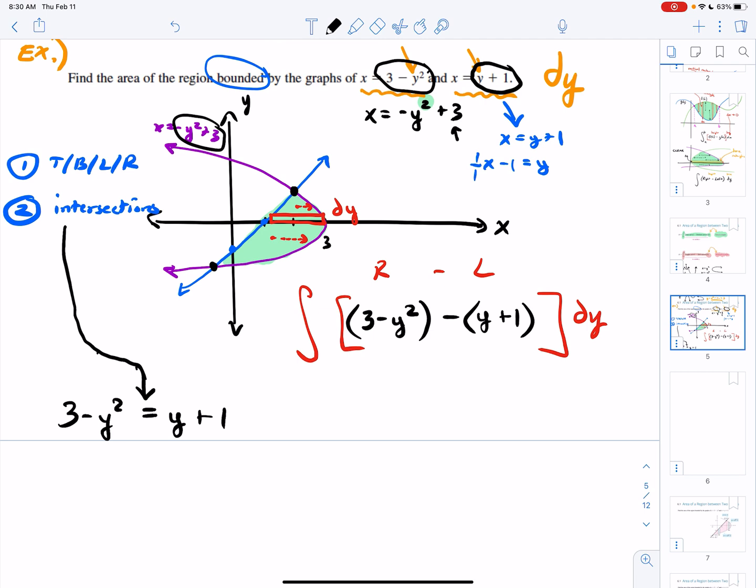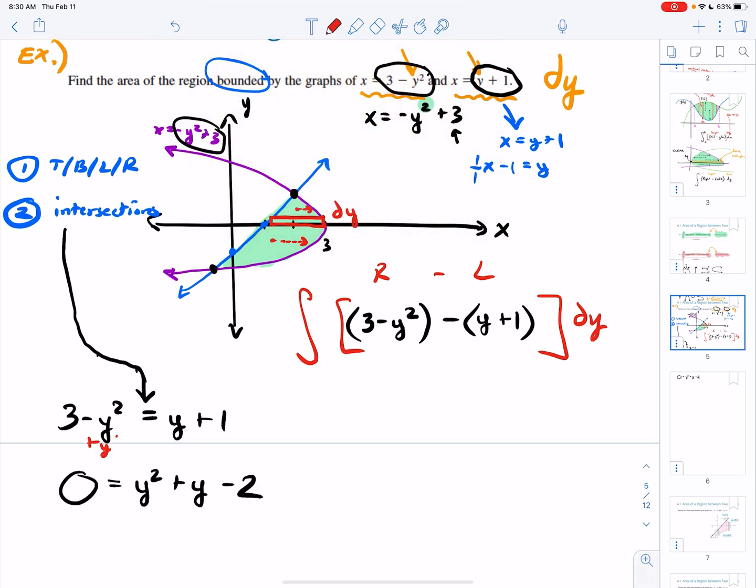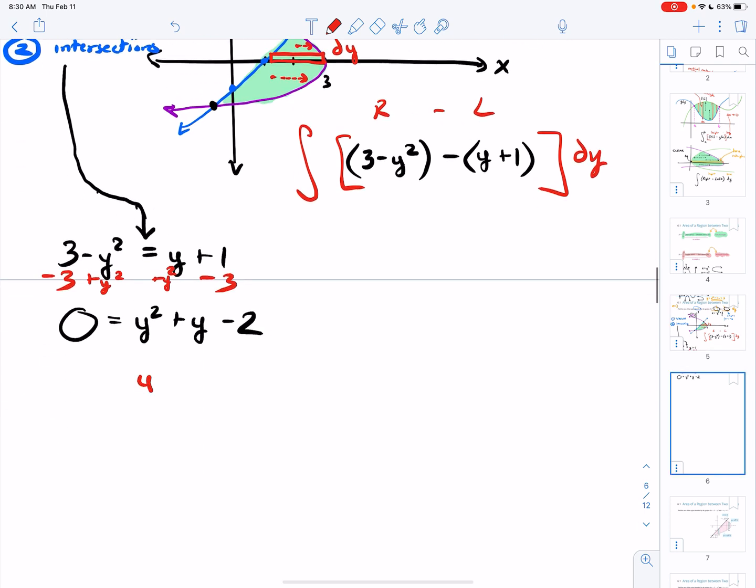Okay, so if I maneuver this around, if I move the y squared over and the 3, I would get positive y squared plus y minus 2. Okay, and I'll quickly write that in so you can see. Okay, this allows me to factor. That's just y plus 2, y minus 1.